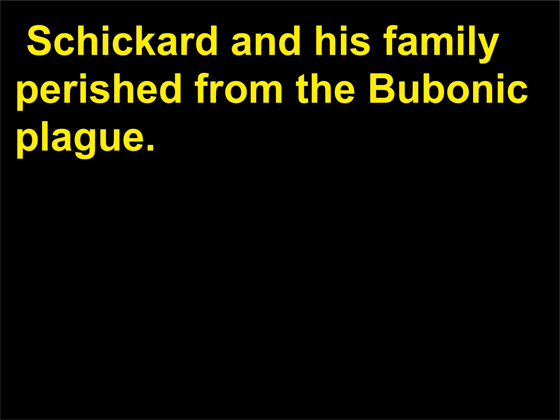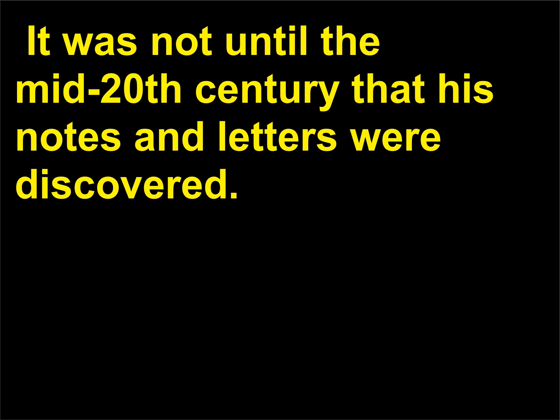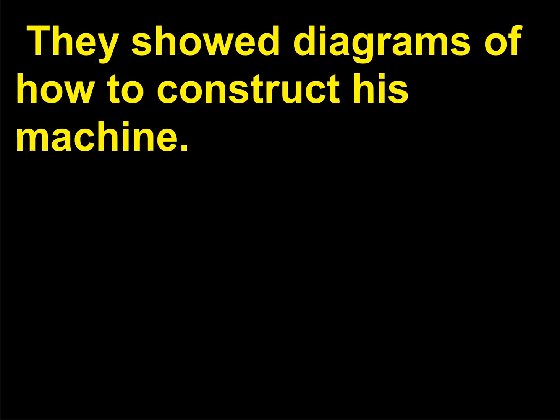Schickard and his family perished from the bubonic plague. It was not until the mid-20th century that his notes and letters were discovered. They showed diagrams of how to construct his machine.